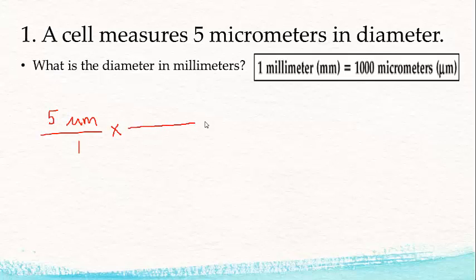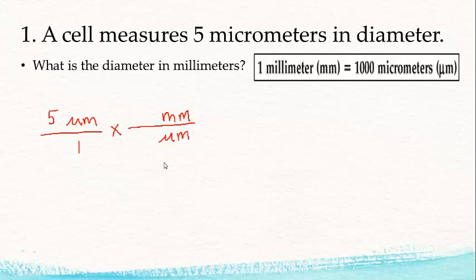Now I want to change micrometers into millimeters. So if I have micrometers on top, that means that I need micrometers on bottom. This way they cancel out. Micrometers on top of micrometers cancels out to 1. Once those units cancel, I need to put millimeters on top so that way my answer will be in millimeters.